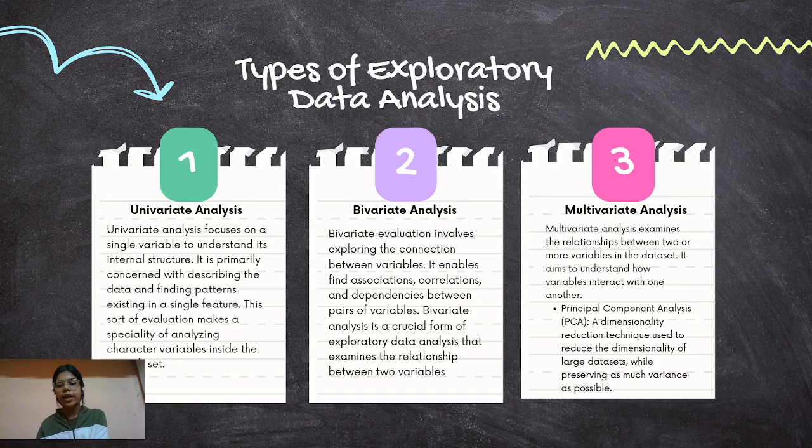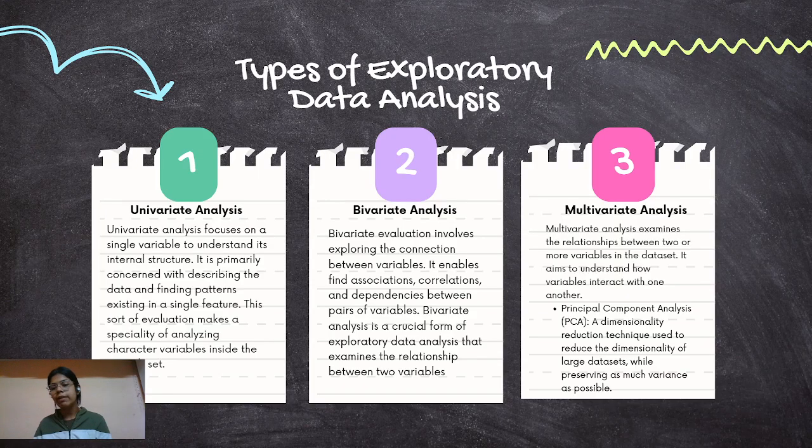Then we have bivariate. It is similar to univariate, just having two variables in it, and it also helps us find the association between them, their correlation, and their dependency on each other. It is definitely a crucial part of EDA because it determines the relationship between those variables.